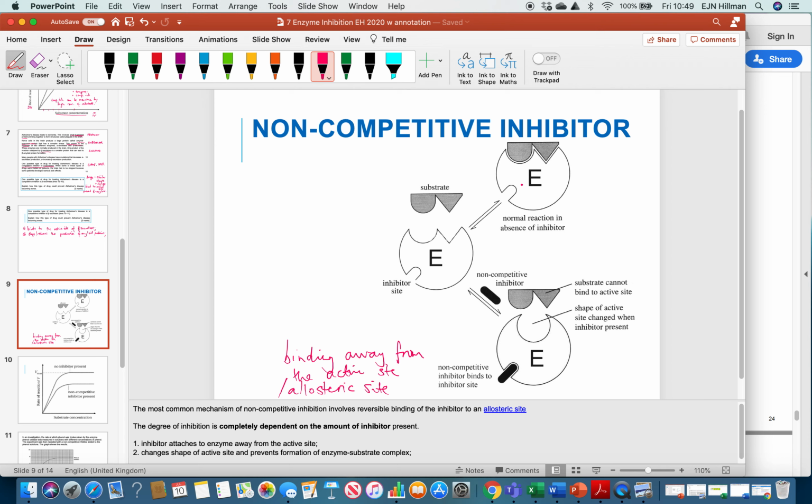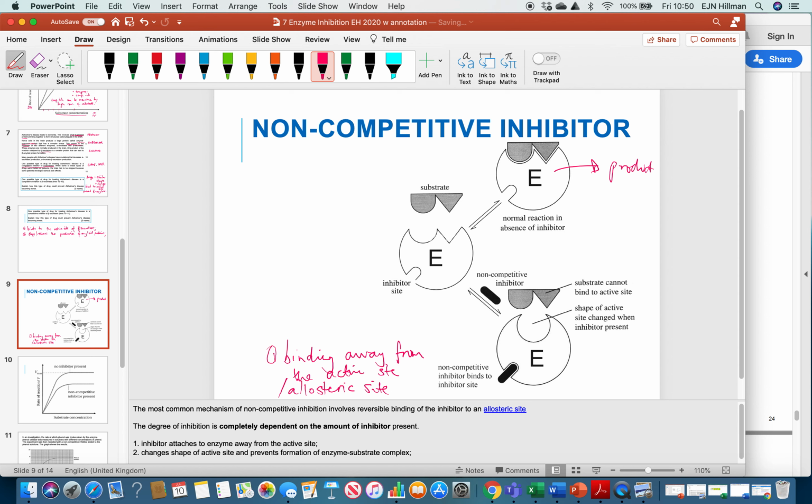Compare that to here, without the non-competitive inhibitor, the active site remains in its complementary shape to the substrate, and a product could then form. Okay, so 2 marks for non-competitive inhibitor.